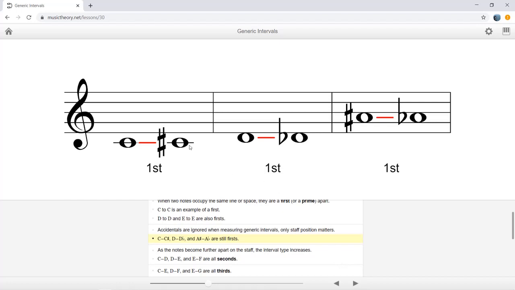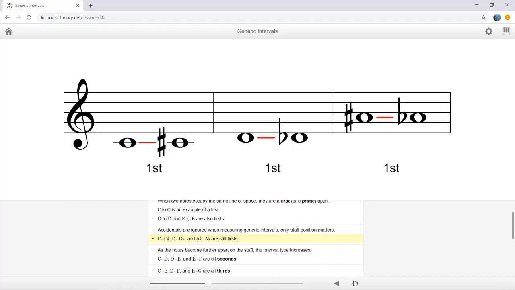Right? This is still a first, even if it has an accidental on it. These accidentals will come later. We'll understand these in specific intervals. There's different types of first, but you'll always want to figure out what the generic interval is first. So this is a first.